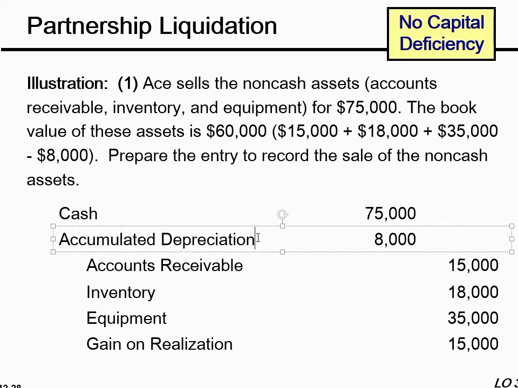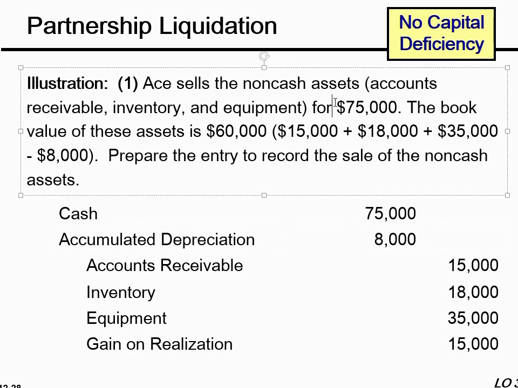When we make a total, on the debit side I'm going to have 83,000. 75 plus 8 is 83,000, while on the credit side I will have 15 plus 18 plus 35, which is less than the debit side. It means that we sold all these assets at a gain. Can you see over here?